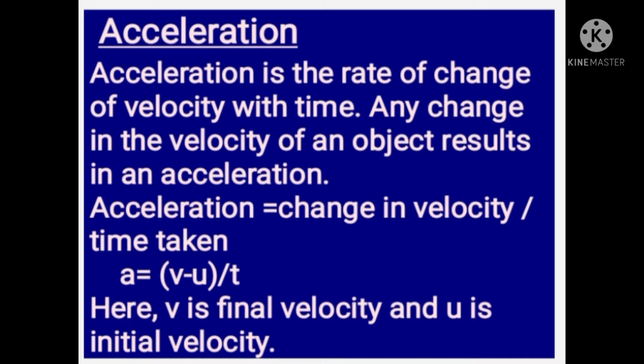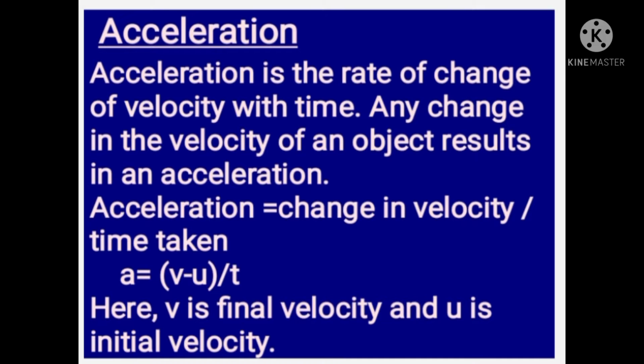So, what is acceleration? Acceleration is the rate of change of velocity with time. Any change in the velocity of an object results in an acceleration. That means acceleration is equal to change in velocity divided by time taken.